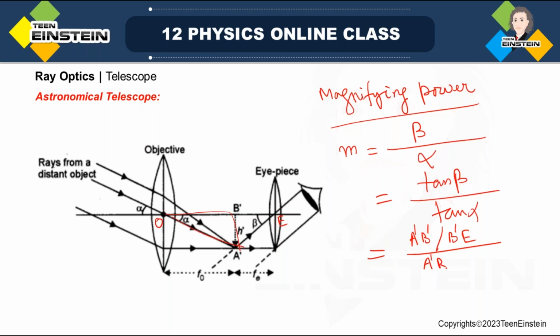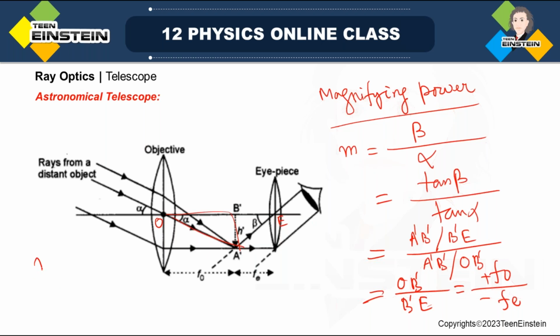So A prime B prime divided by O B prime, then we get O B prime divided by B prime E. O B prime is nothing but the focal length of the objective with the plus sign, and B prime E is nothing but minus fe, the focal length of the eyepiece itself with a minus sign.